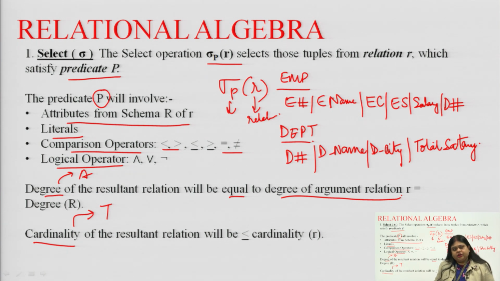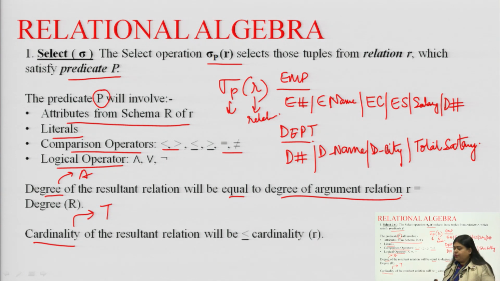Get information about those employees of department number 3 who are drawing salary more than 25,000. So, what are the conditions specified? The employees who are working in department number 3 and the employees who are drawing more than 25,000 of salary.